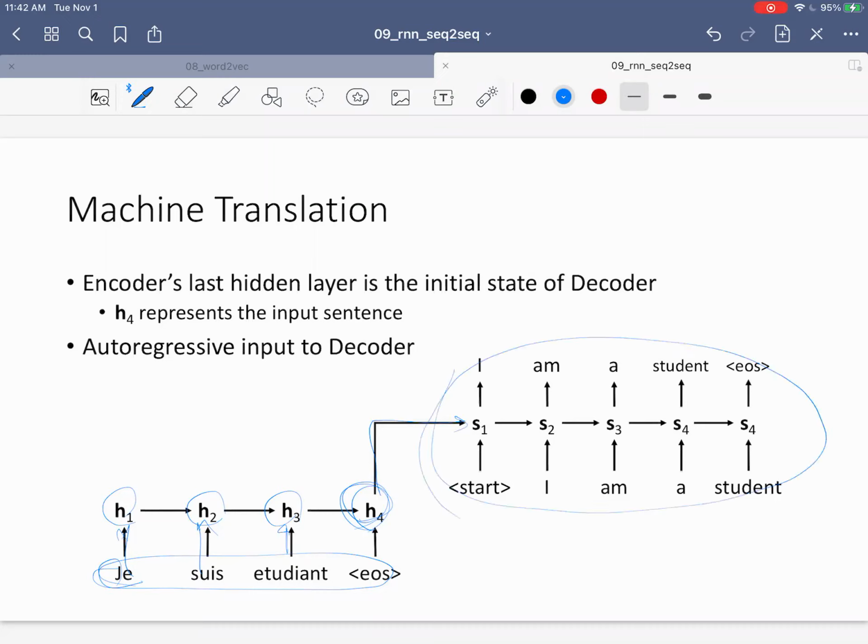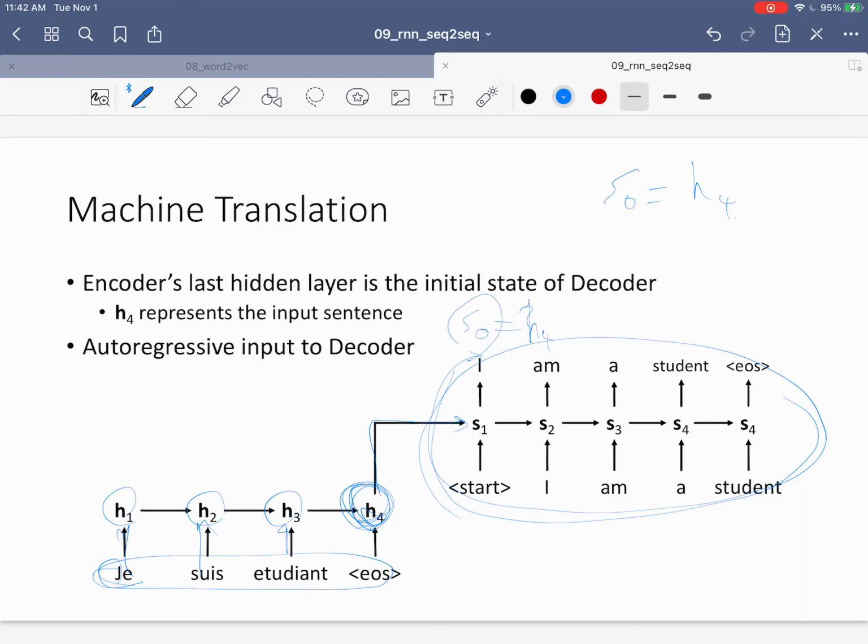Because the decoder's S0 has to be initialized to some value, usually S0 was initialized to 0, but here S0 is copy-pasted from H4. That is how you pass your French sentence information to the decoder side: by copy-pasting H4 as S0.